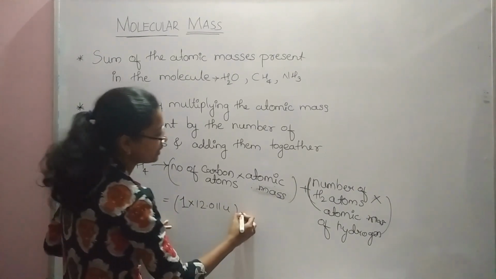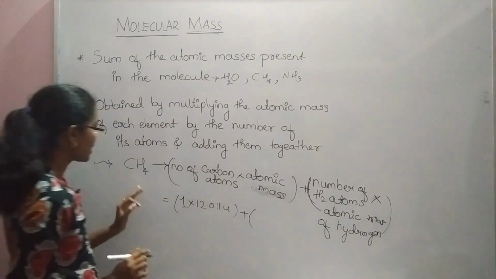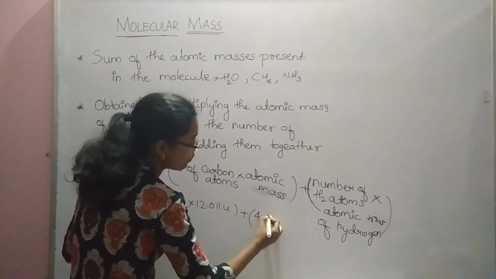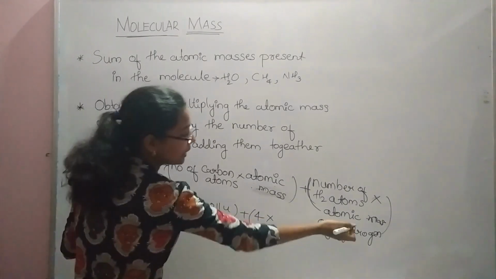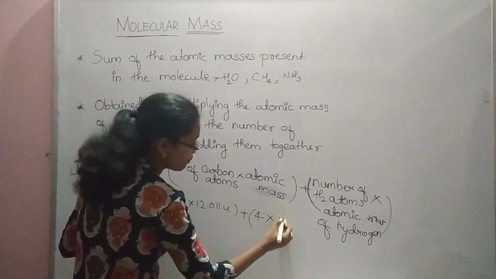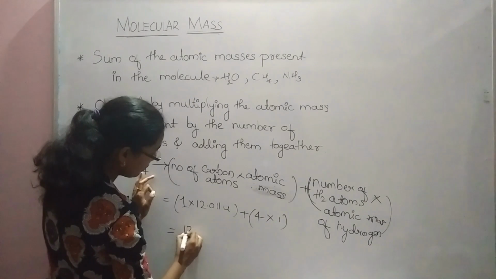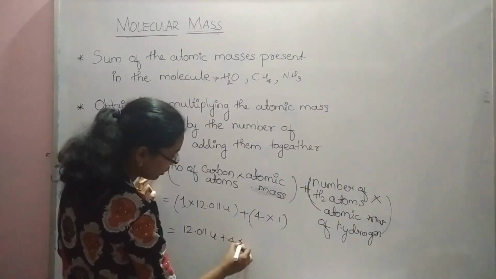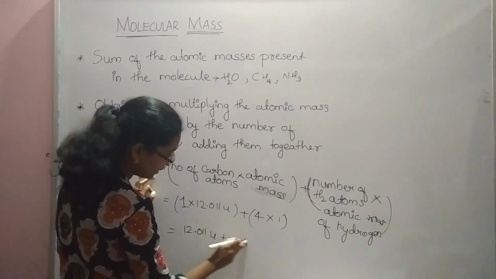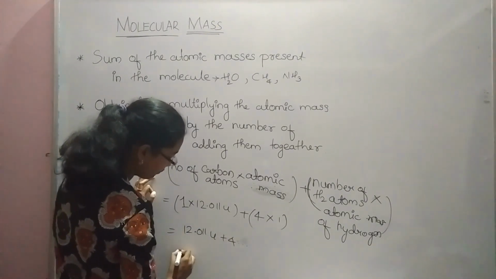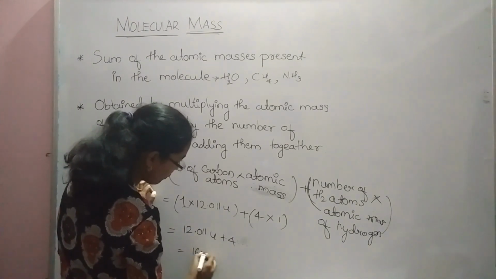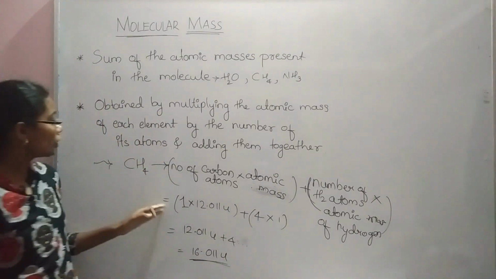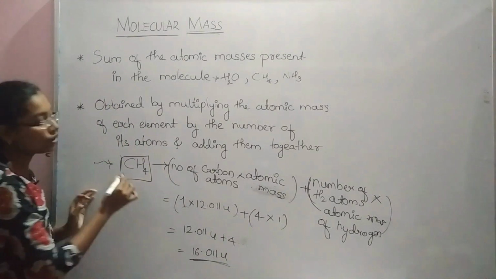Okay, this is for carbon. And the number of hydrogen atoms: here we have 4 hydrogen atoms. So it is 4 into the atomic mass of hydrogen, that is 1. So this is 12.011 u plus 4 into 1, that is 4 only. So we'll get 16.011 u, that is the molecular mass of this CH4 molecule.